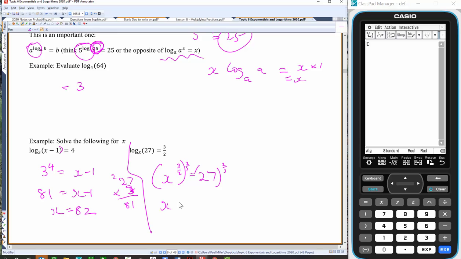All right, so that will give me x to the 6 on 6, okay, when I multiply those out, which is equal to x to the 1. And all I'm going to do for this one here is say that this is 27 to the 1/3 all to the 2. So that's going to be x is equal to, now that's the third root of 27, which is 3 squared. x is equal to 9.